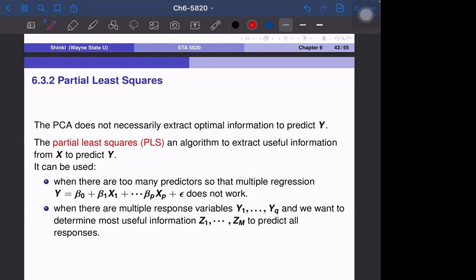To summarize X1 to XP, we use the information of X and also Y. That is the idea of partial least squares. But this is a more complicated model, so we explain it next time.